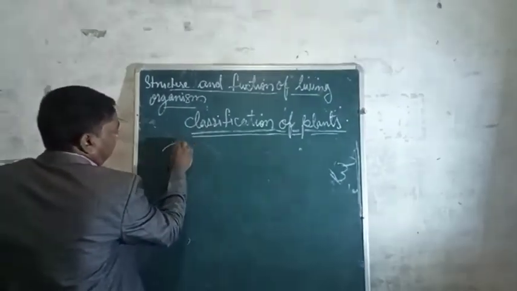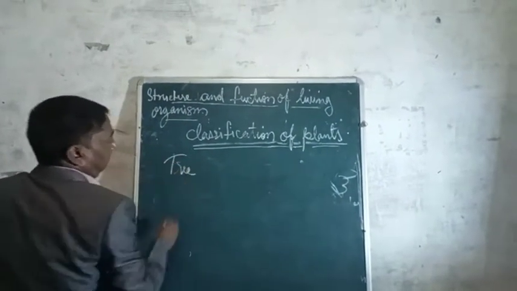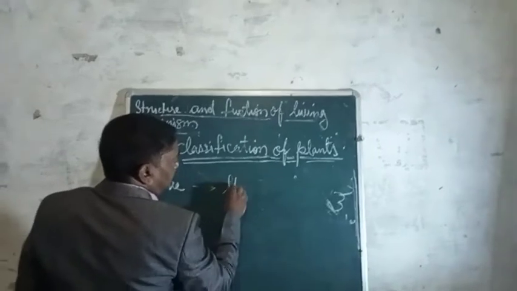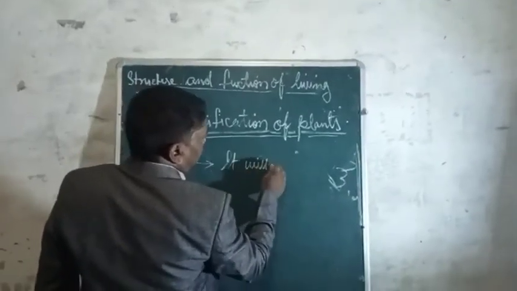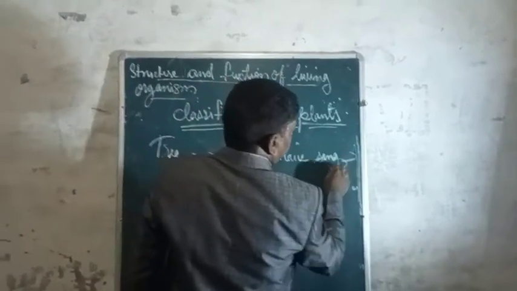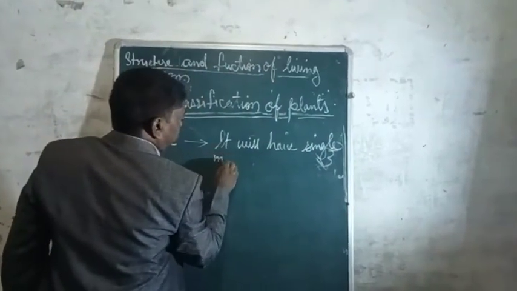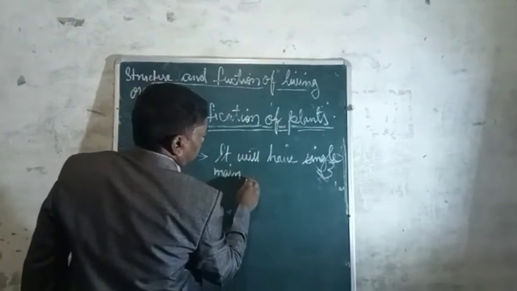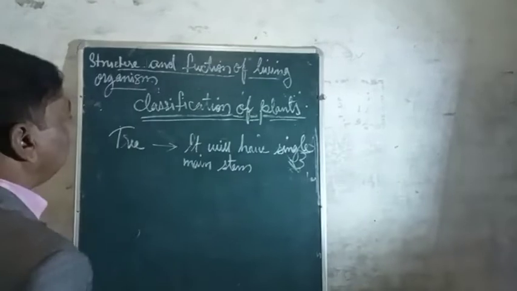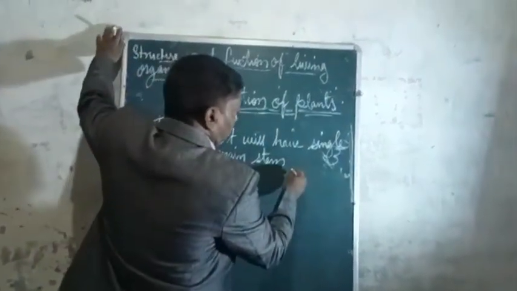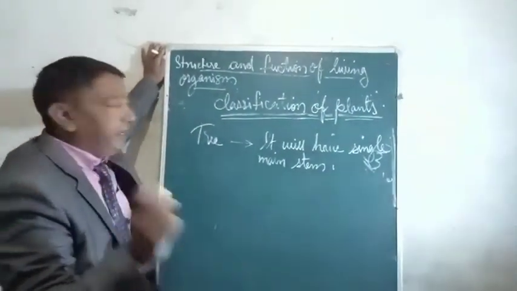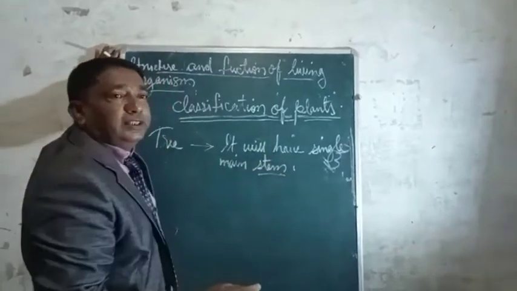Now, what is a tree? First point, it will have a single main stem. It will have a simple main stem which grows above the ground. This stem is also known as the trunk.